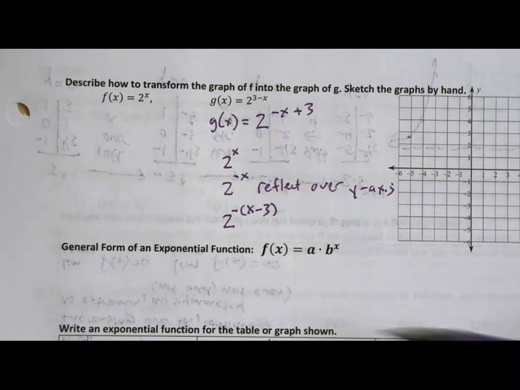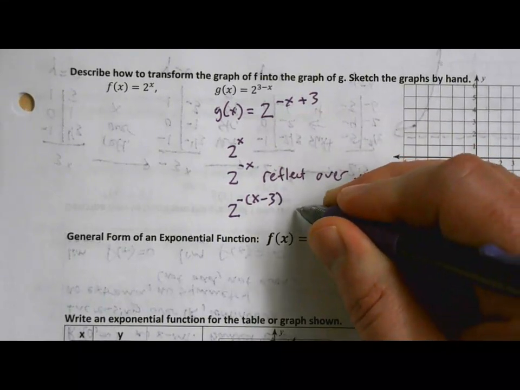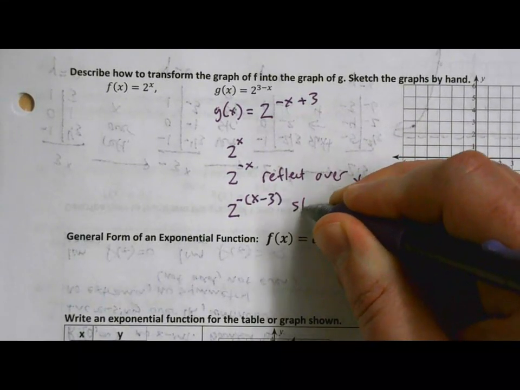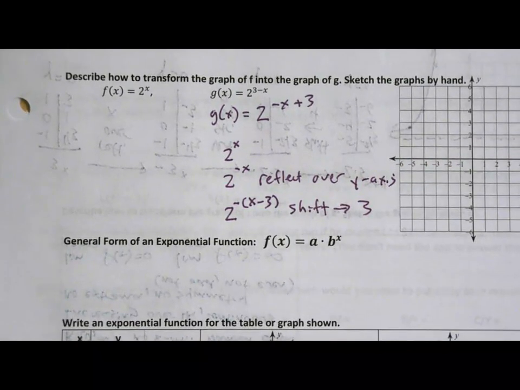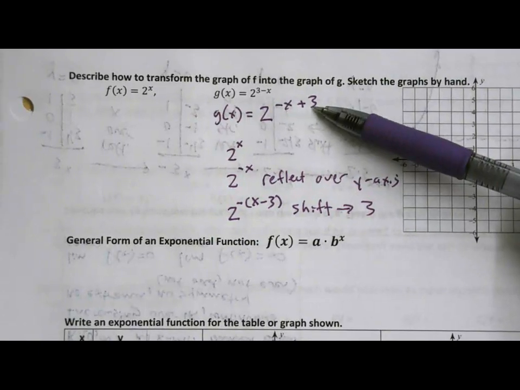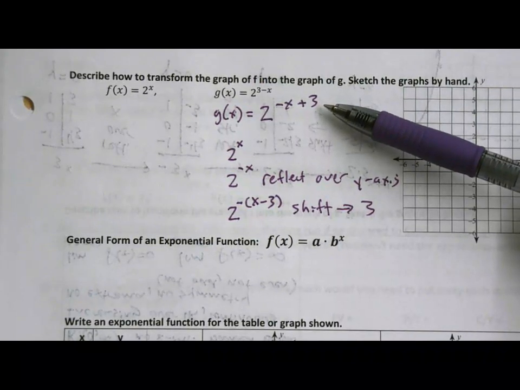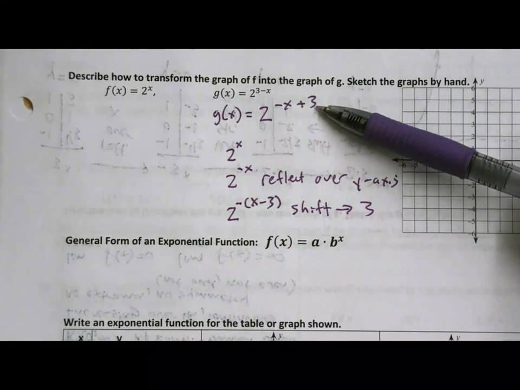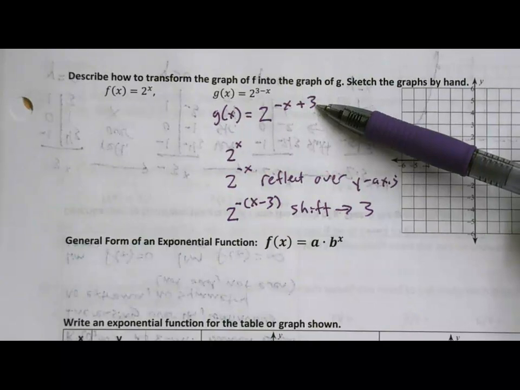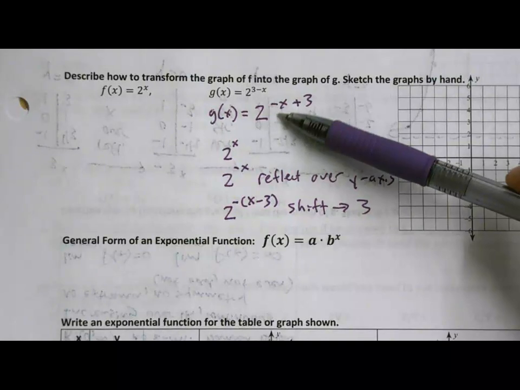So since we chose to reflect first, we're actually going to have to shift to the right by 3, which is not what I was expecting when I first looked at this equation. Okay. So if I wanted to get it into this format first, I'd probably want to do the shift left by 3 first and then reflect it over the x-axis.